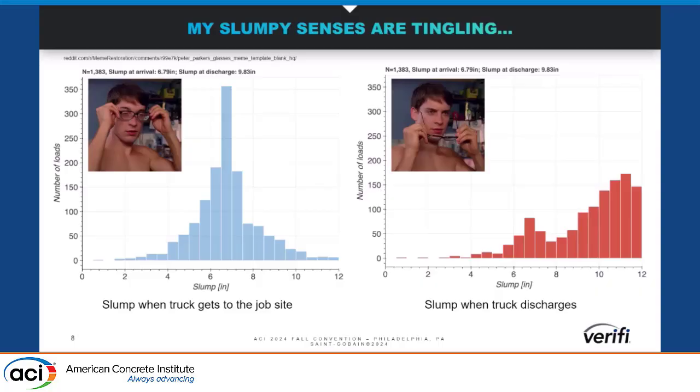Then you get to the discharge. So you arrived at the site with one slump, and then there's the discharge. When Tarek was talking about adding water, adding admixtures, whatever's happening at the site and the time it takes, this is one case, again same contractor, same mix, 1,000 loads. This is one of those situations where I basically ordered a 7, but I really wanted a 10, right?